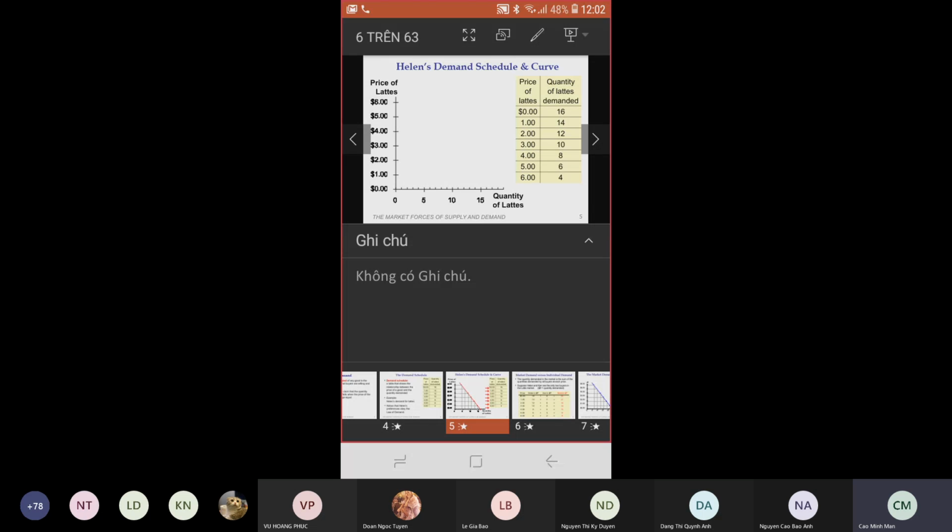Do you see the new way I try to show you? Do you see that? Do you see the new way to show the slide? Yes. Thank you. Good job. You have to pay attention.